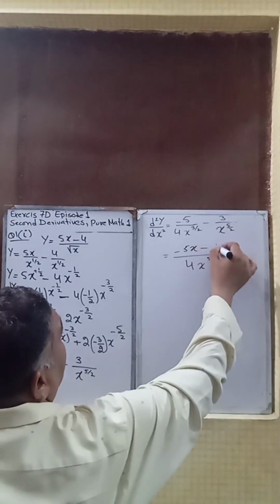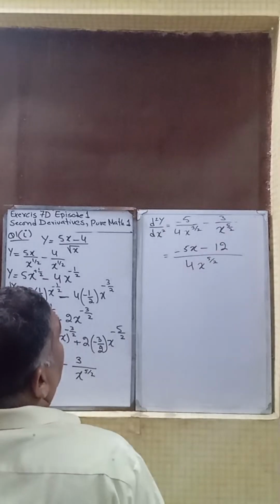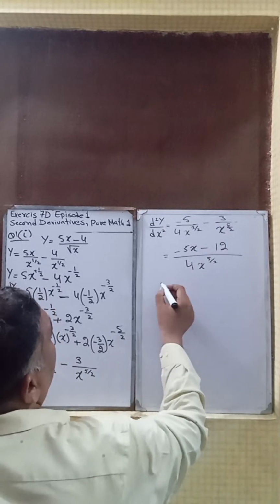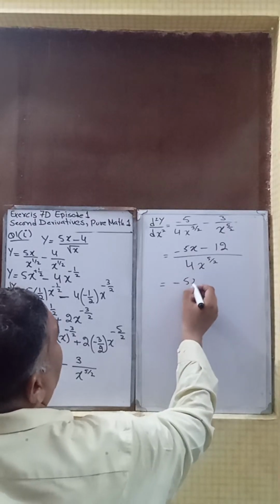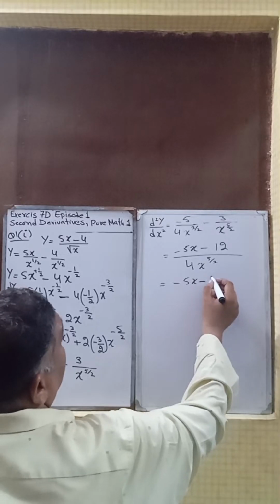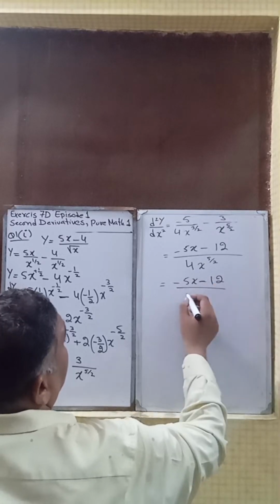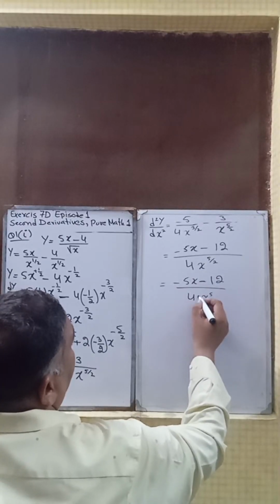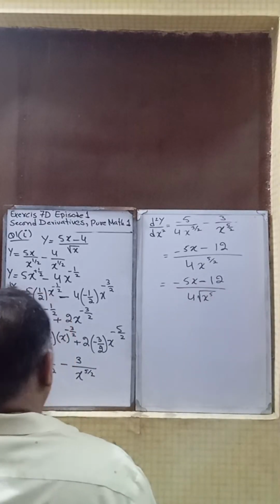5 3s are 12. Okay. Both are negative. So it will be minus 5x minus 12 divided by 4. This is basically x raised to power 5 and a radical sign on it.